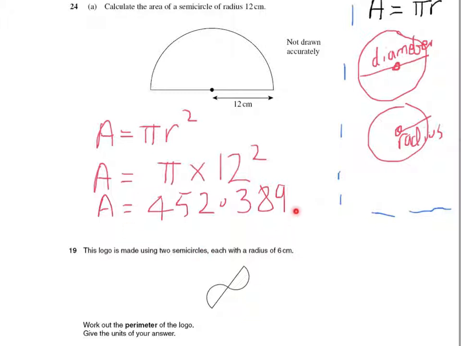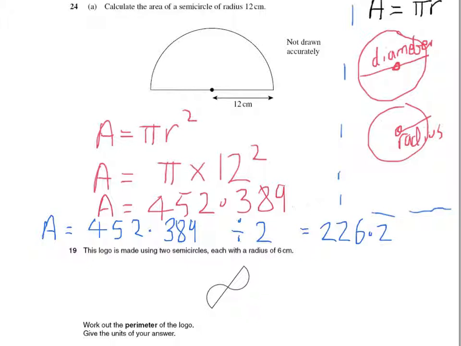So we need to halve our area: 452.389 divided by 2 gives us 226.2 to one decimal place, and this is centimetres squared because we're looking at the area. So a semicircle is half of the circle.